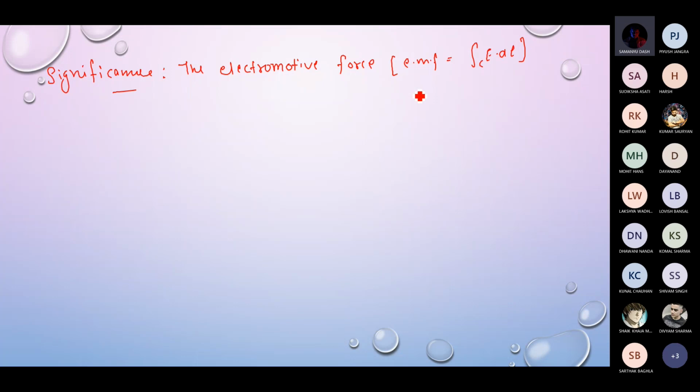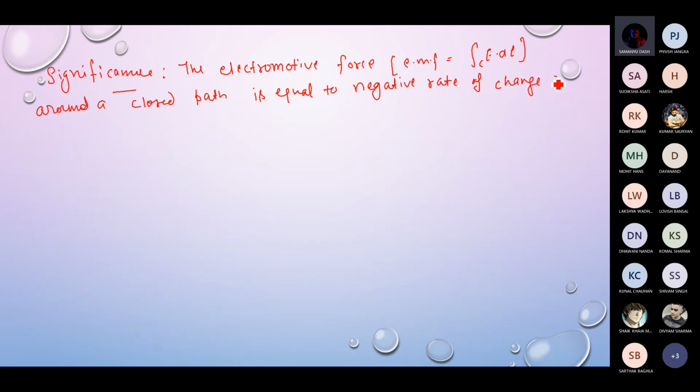around a closed path is equal to the negative rate of change of magnetic flux linked with the path.